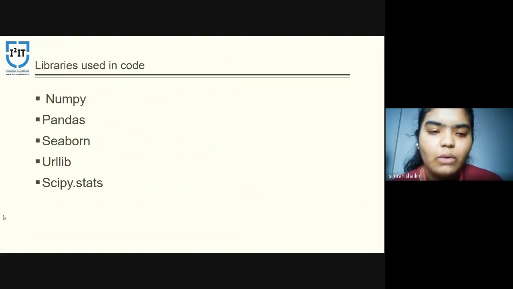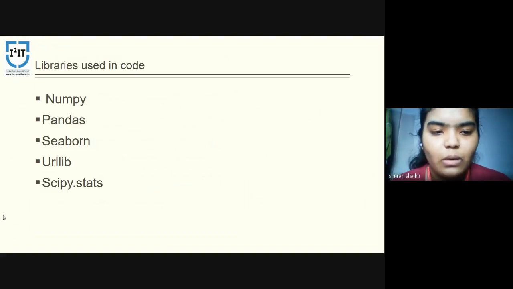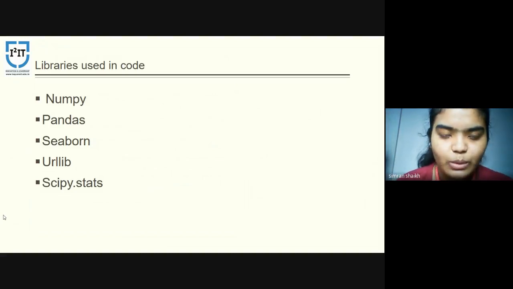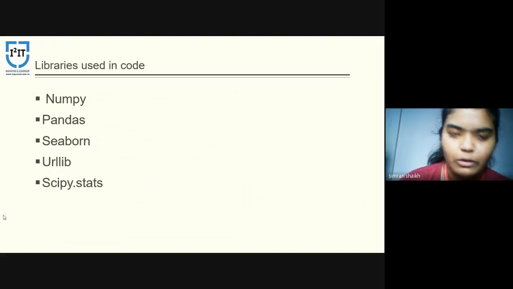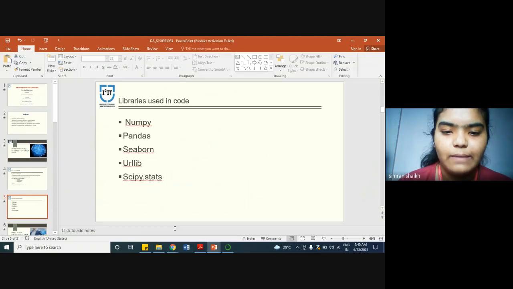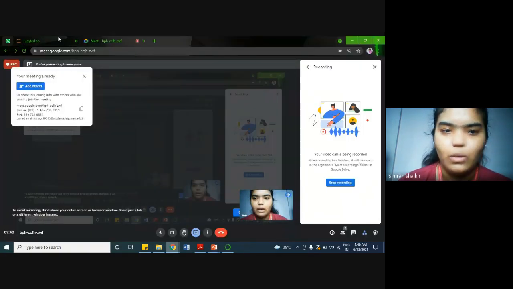Now the urllib library: why are we using it here? Because today we are going to take the data set from a URL, so we will need it. Now scipy.stats, as I told you earlier, is going to be used for our ANOVA function. So without wasting more time, we'll move on to our coding section.